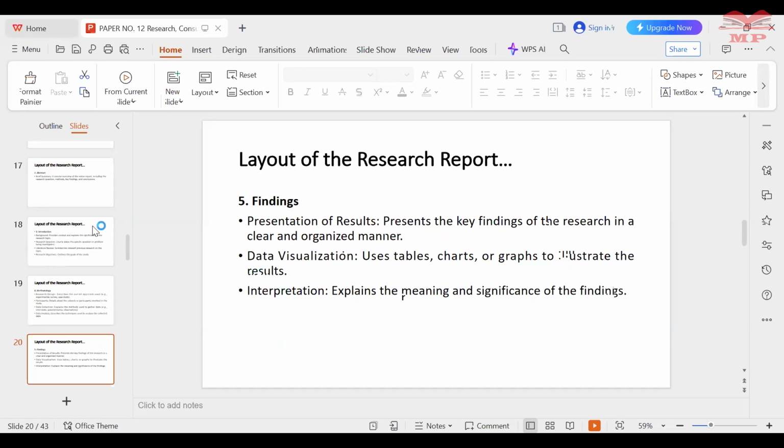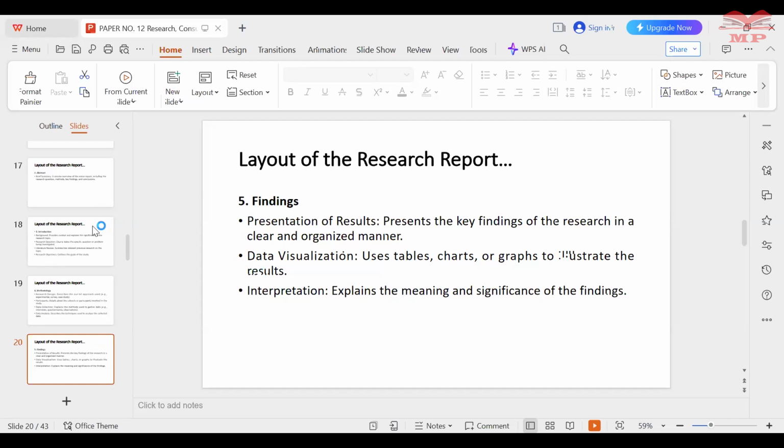And when it comes to the findings of a research report, this captures presentation of results, data visualization, and interpretation. The presentation of results presents the key findings of the research in a clear and organized manner.